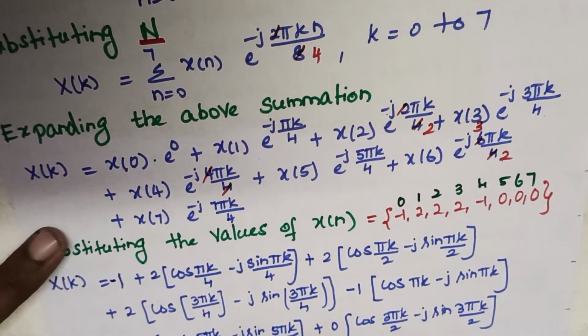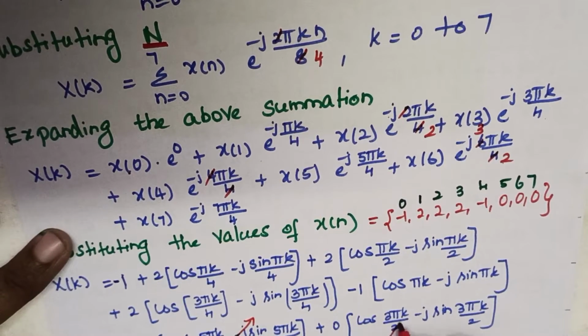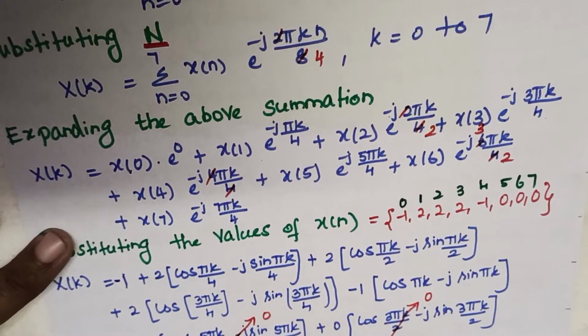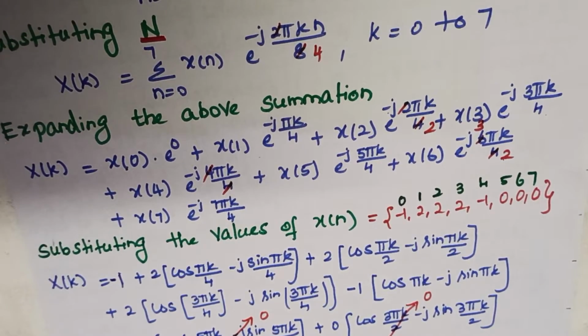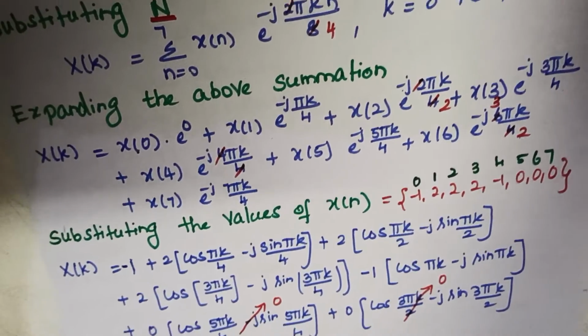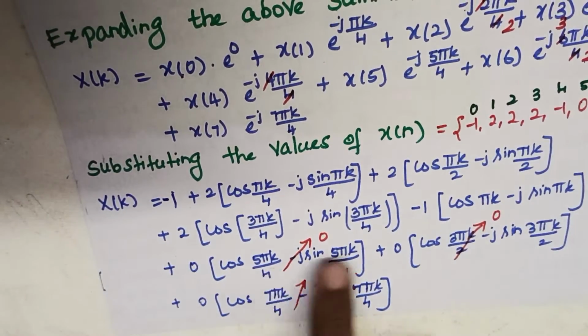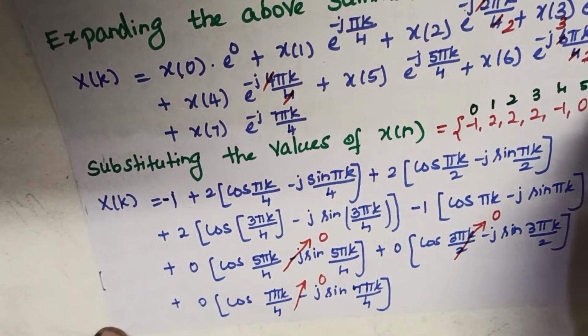Of course, the last 3 values are going to be 0. As it is getting multiplied by 0, it will be 0. These 3 sample values will be 0 now.